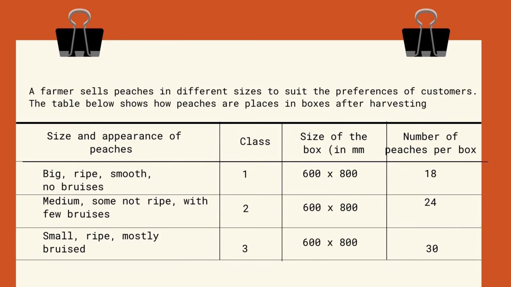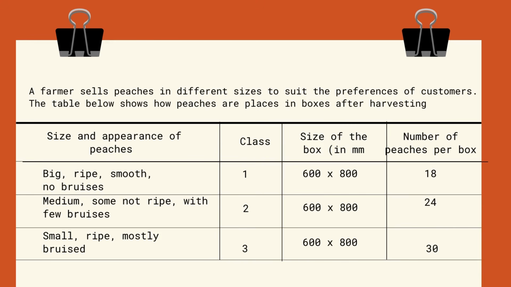Okay, so now we've got the size and appearance of peaches, we've got the class, we've got the size of the box, and we've got the number of peaches per box. So now we've got class 1, which includes big, ripe, smooth peaches with no bruises. Now, per box, we've got about 18 peaches.